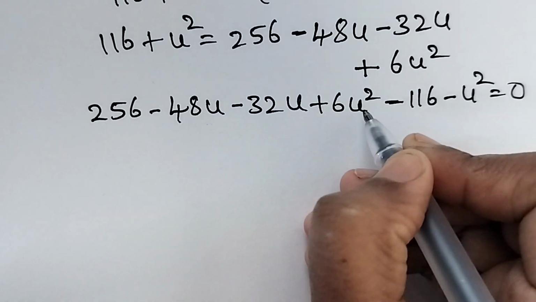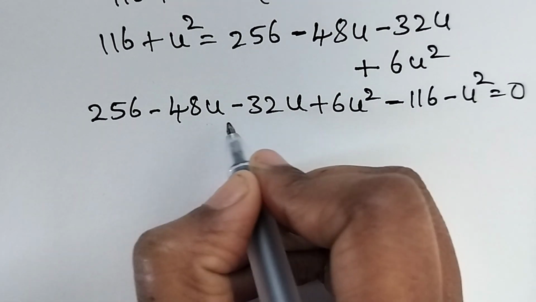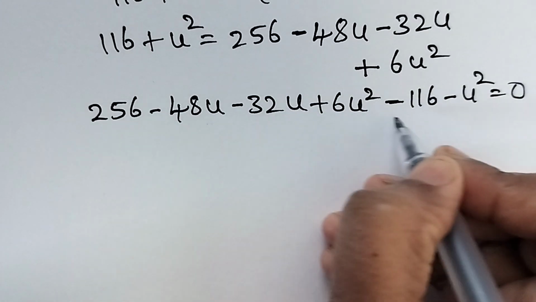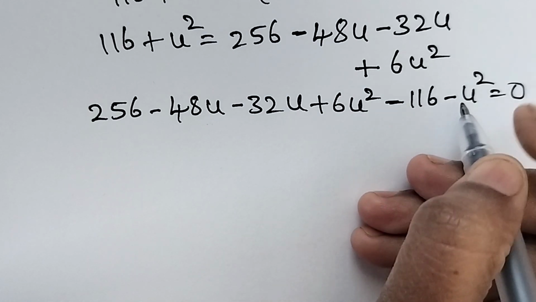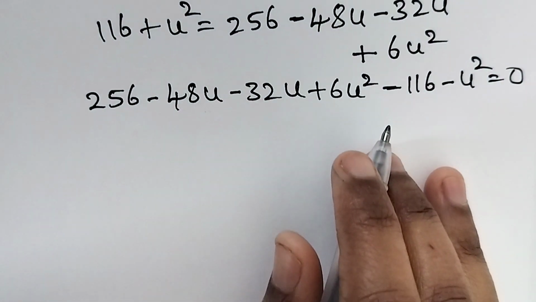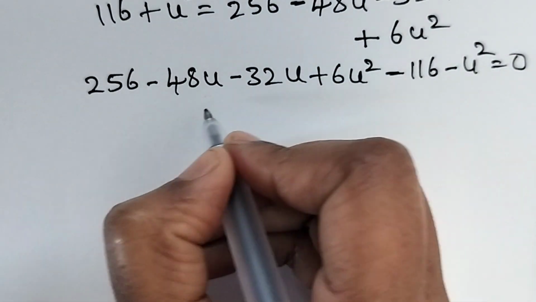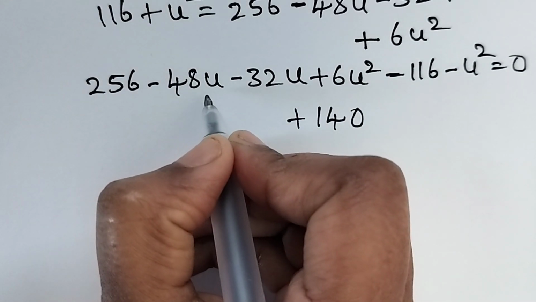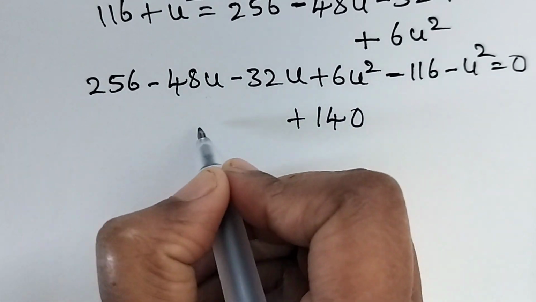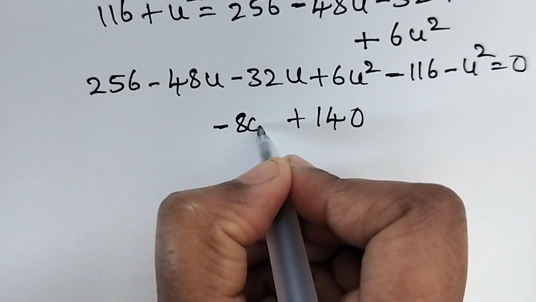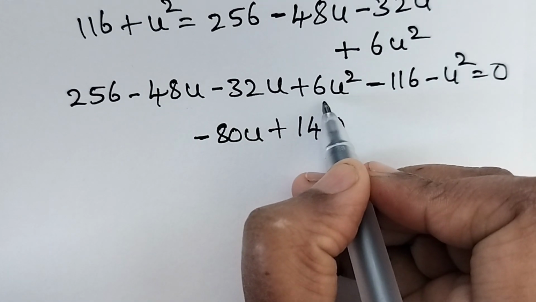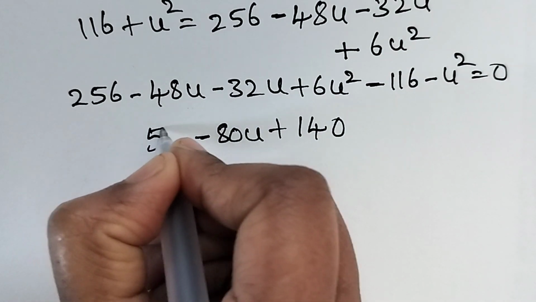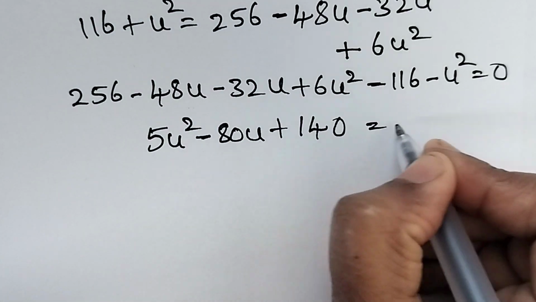So 256 minus 116, which is equal to 140, and here minus 48u minus 32u, which is equal to minus 80u, and here 6u square minus u square, which is equal to 5u square, is equal to 0.